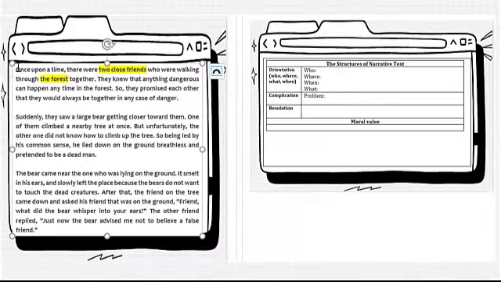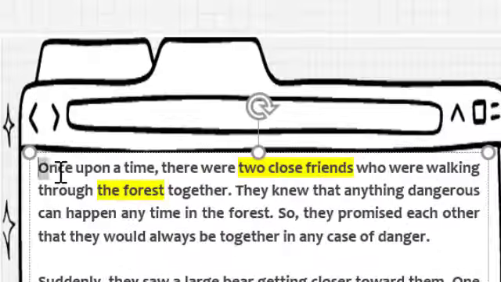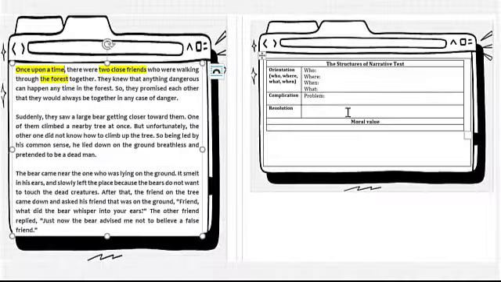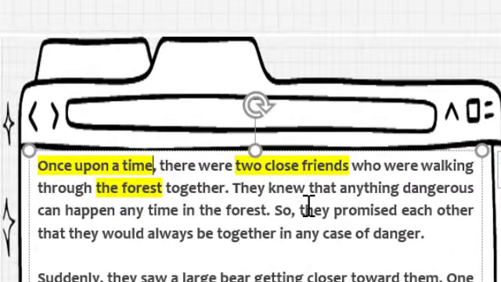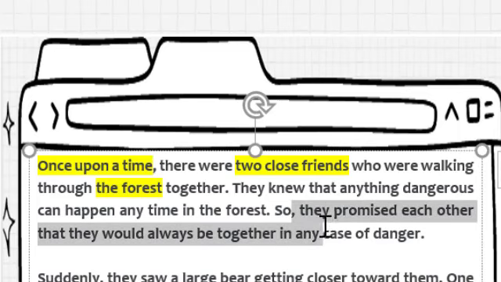When it happened, it is stated: once upon a time. And the question of what happened: the two close friends promised each other that they would always be together in any case.